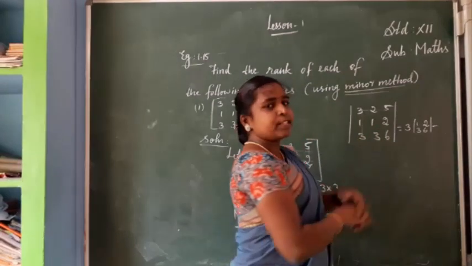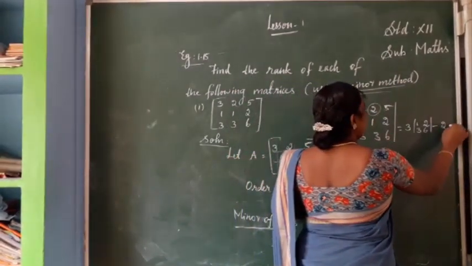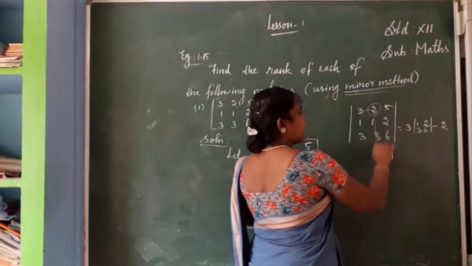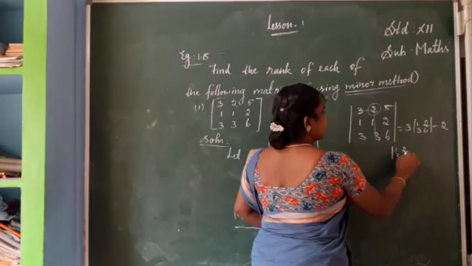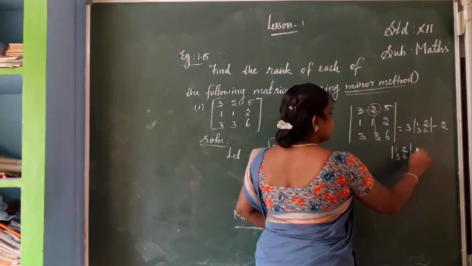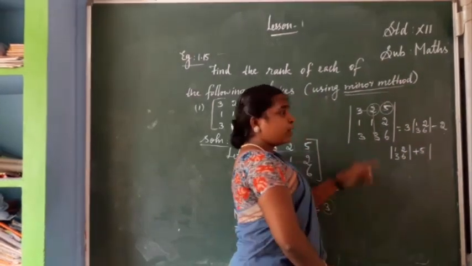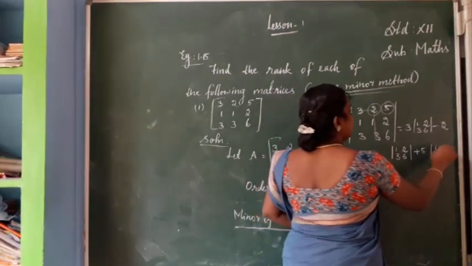Next, what you want to write? Minus. After finishing the first part, you have to put minus. Next, second element 2 into the next one. Now you have to do the first row, second column. Remaining elements are 1, 2, 3, 6. Next plus. Third one is 5 into. Now you do the first row, third column. What are the elements remaining? 1, 1, 3, 3.